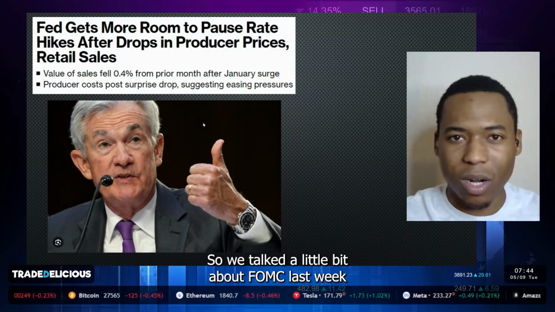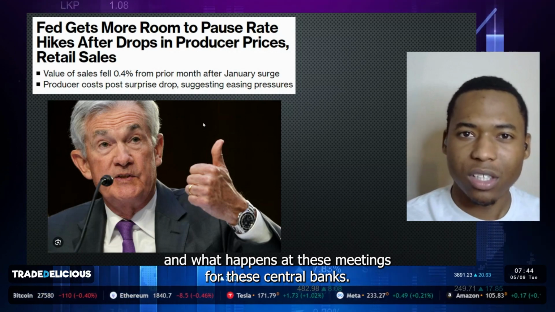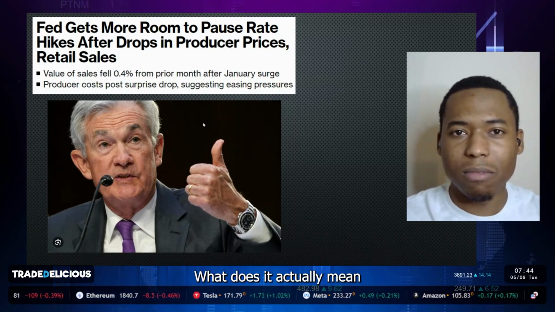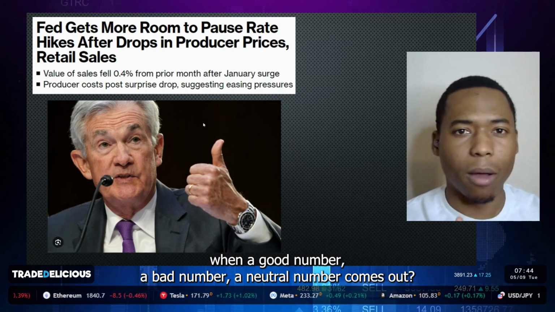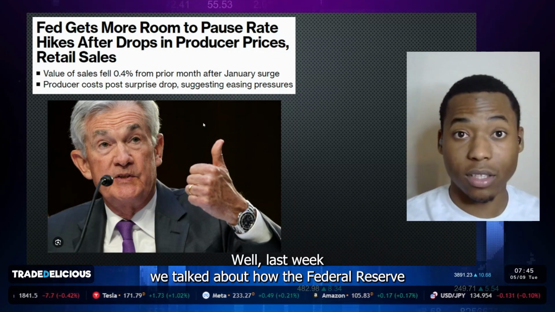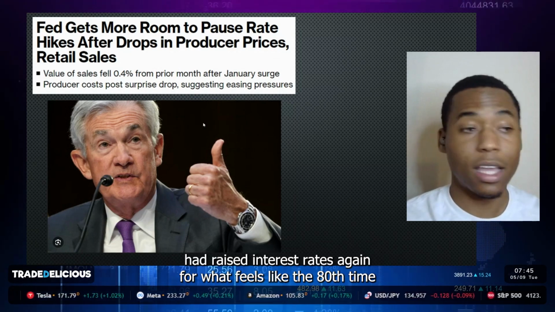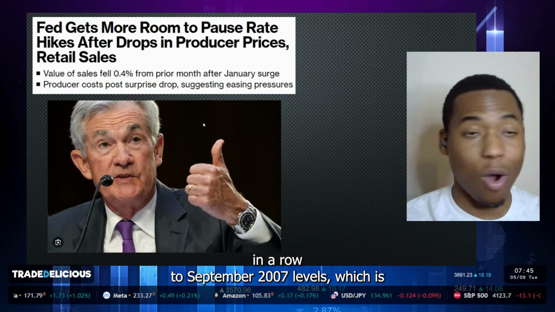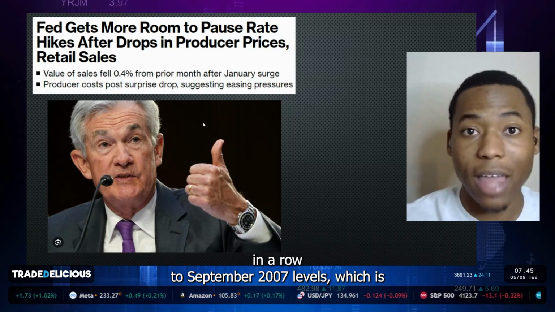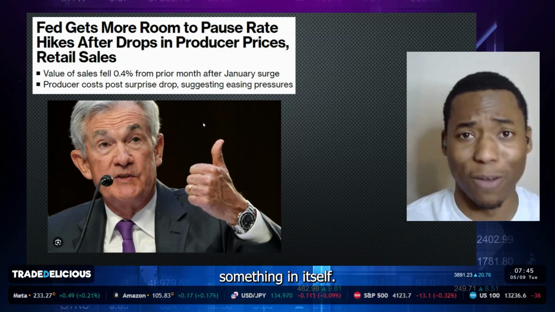So we talked a little bit about FOMC last week and what happens at these meetings for these central banks. What does it actually mean when a good number, a bad number, a neutral number comes out? Well, last week we talked about how the Federal Reserve had raised interest rates again for what feels like the 80th time in a row to September 2007 levels, which is something in and of itself.